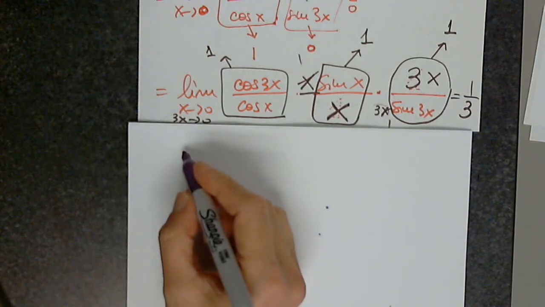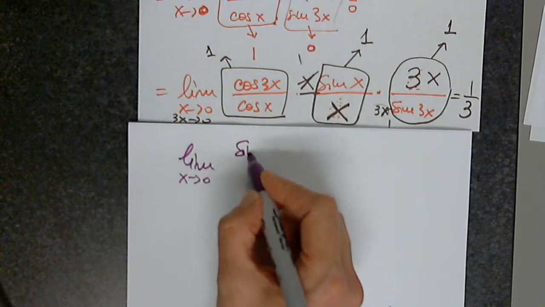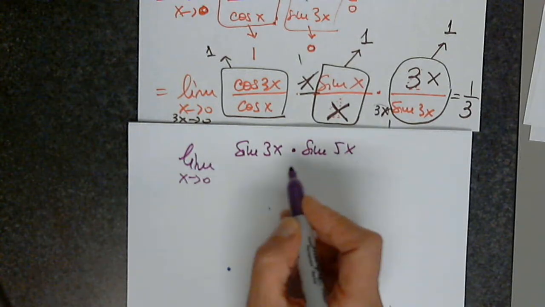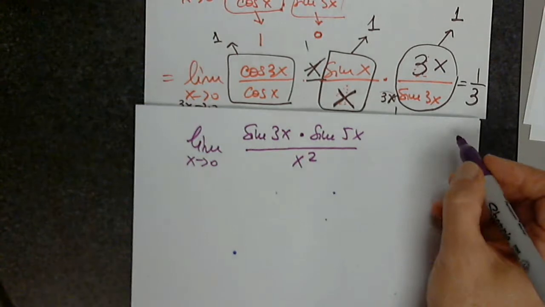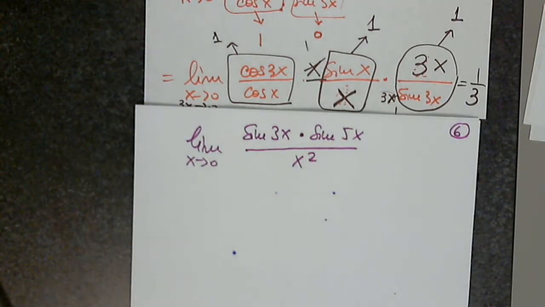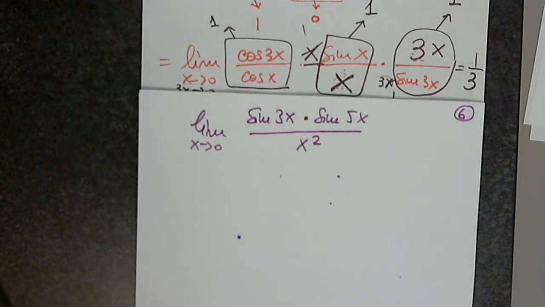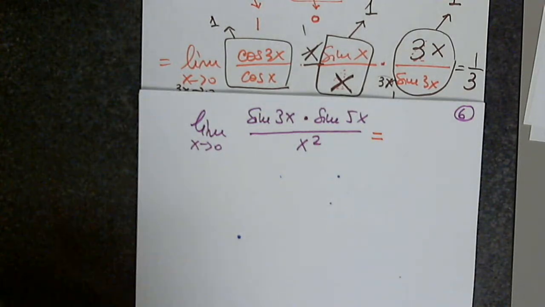Yes, I'm going to look at the limit as x approaches 0 of sine 3x multiplied by sine 5x divided by x squared. I will plug it in first. I have to see what's happening here.